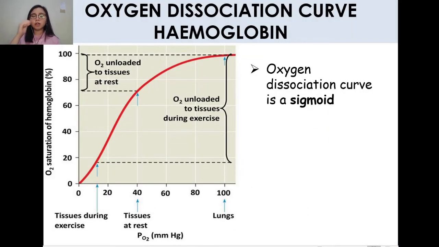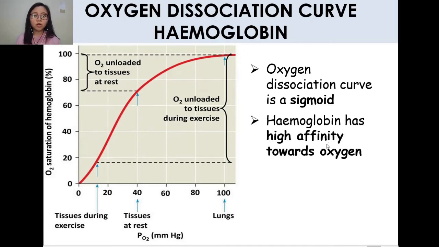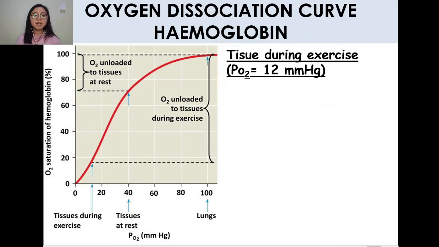So if you look at this curve, you will see that it is a sigmoid shape. And you already know that hemoglobin has a high affinity towards oxygen. Bila boleh, dia akan pegang oxygen. So during exercise, which is this point right here, when you are exercising, your tissues are using up the oxygen supply that it has. So there will be less oxygen molecules in the tissue.